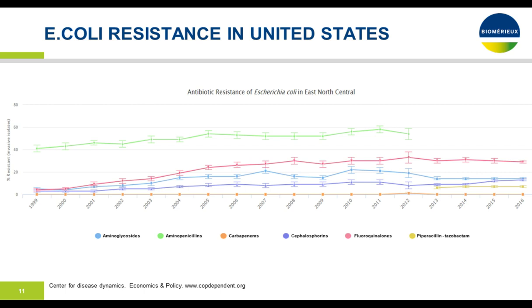Whenever you exceed that 20% threshold, antibiotic resistance is understood. Quinolones are the pink line, and by 2004, we were already approaching that 20% resistance, and we peaked in 2012 at almost 35%.